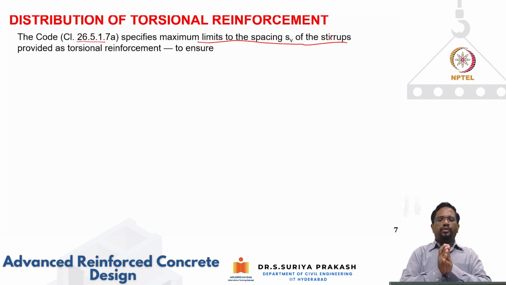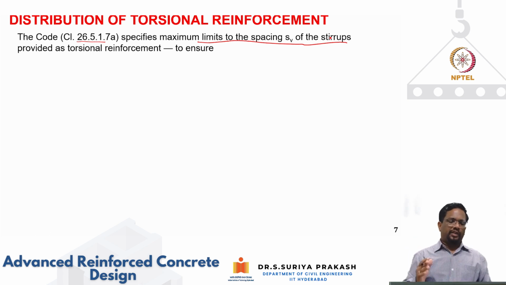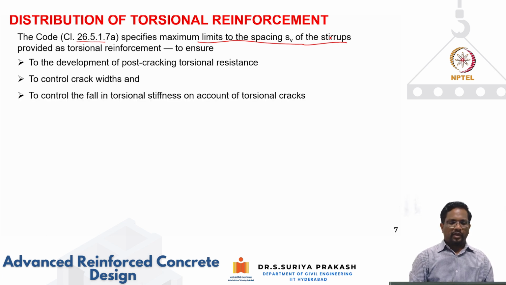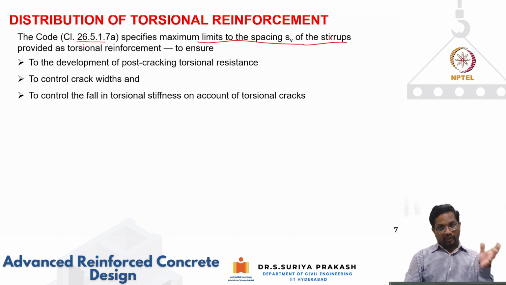So to limit that, the code is saying that the spacing has to be limited, to develop the post cracking torsion resistance, to control the crack widths, and to control the fall in torsion stiffness on account of torsion cracks. We know that after cracking, torsion stiffness drops quite significantly, but by providing these kind of closed stirrups and longitudinal bars, we can control that fall in torsion stiffness.